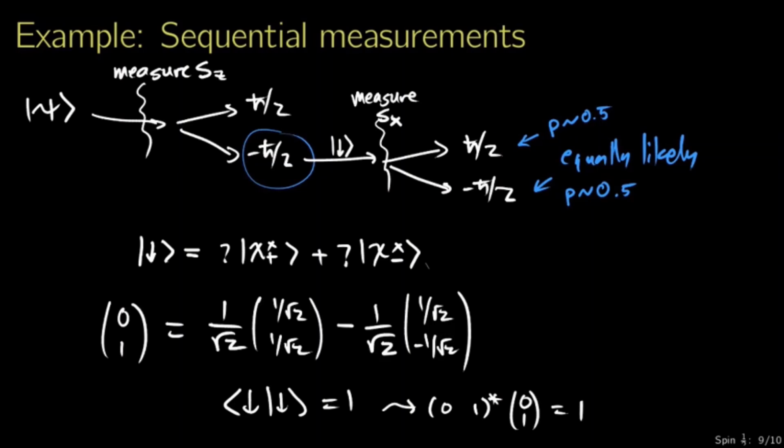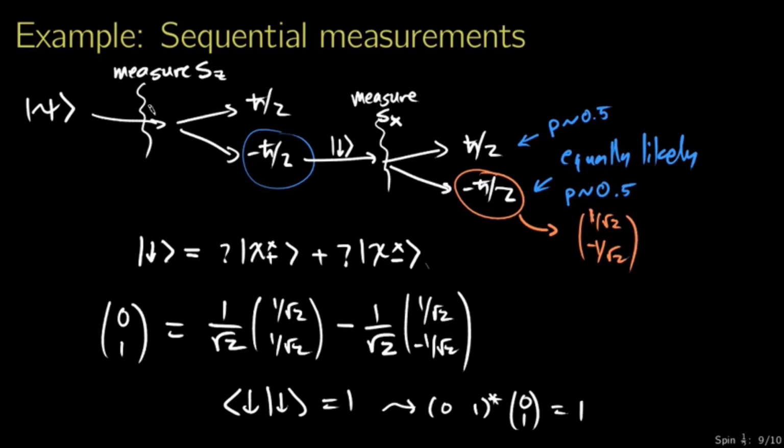What's really surprising about all of this is if I observe minus h bar over 2, then I know the outcome of the measurement has essentially collapsed the wave function again, and it's collapsed it down into this state. So I know I'm working now with something that's 1 over root 2, minus 1 over root 2. This is my new quantum state.